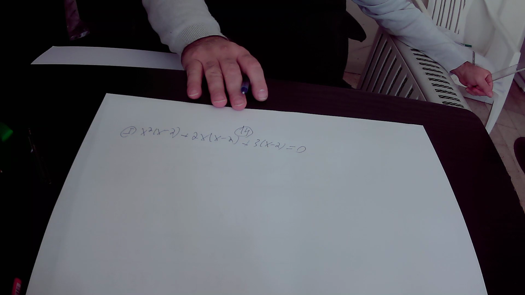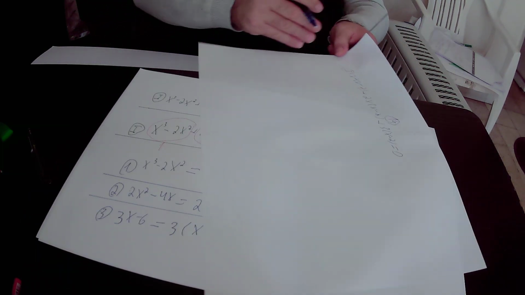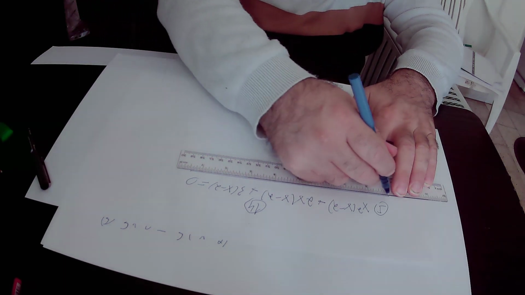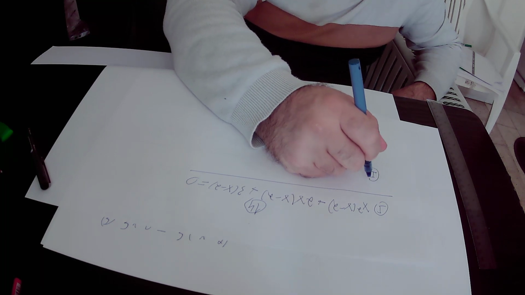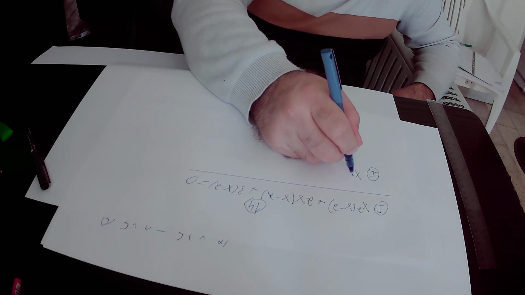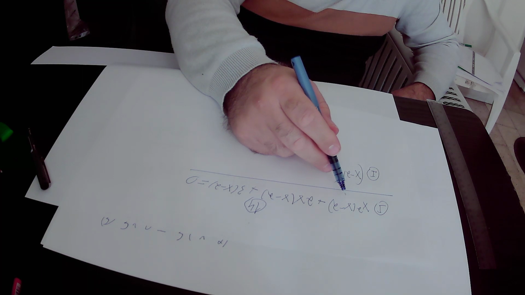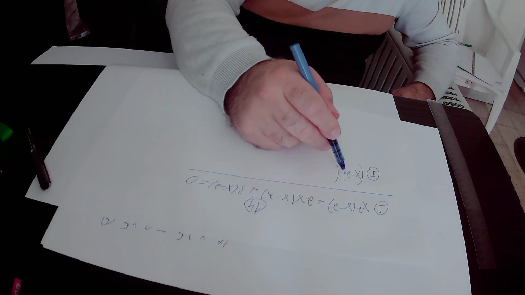So here we take a common factor of x minus 2 from equation number 1. So x minus 2 is a common factor of equation number 1. What is left from x squared times x minus 2 after we took x minus 2 as a common factor?